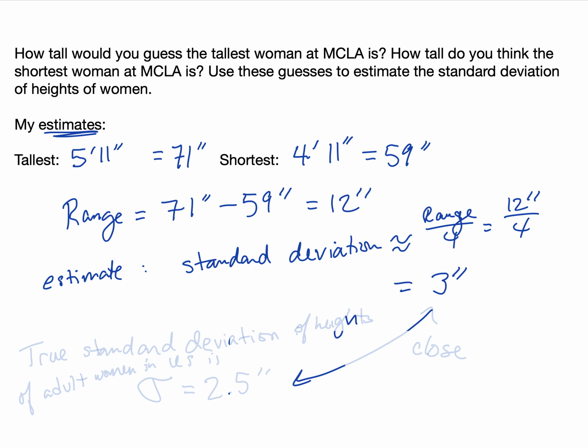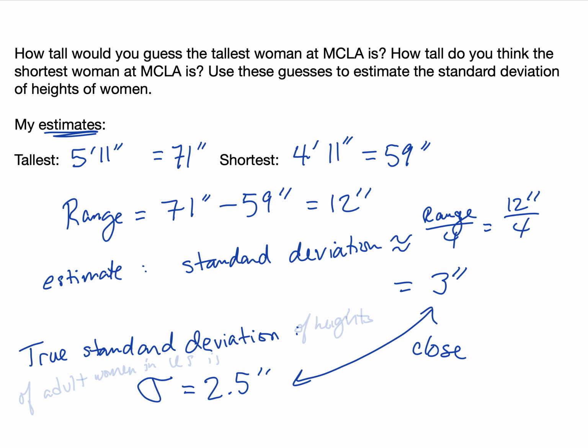So my estimate for the standard deviation is 3 inches. If you haven't already, you could find it for your own values. And the true standard deviation, or closest to true that we know, is sigma equals 2.5 inches. So this isn't exact, but it's pretty close, and I'm guessing your estimate wasn't too far off either.